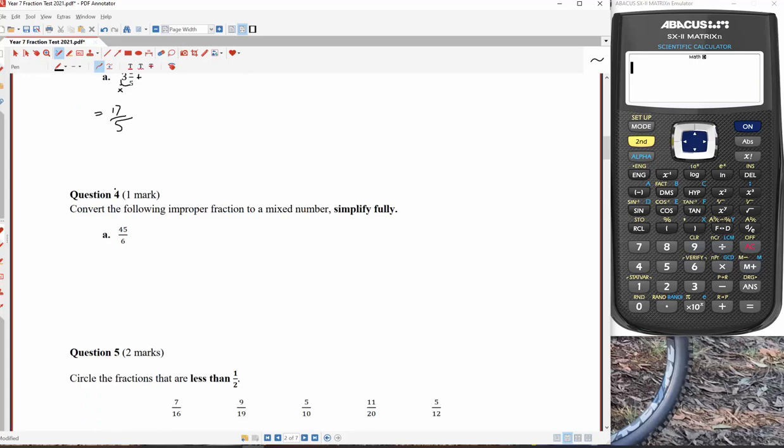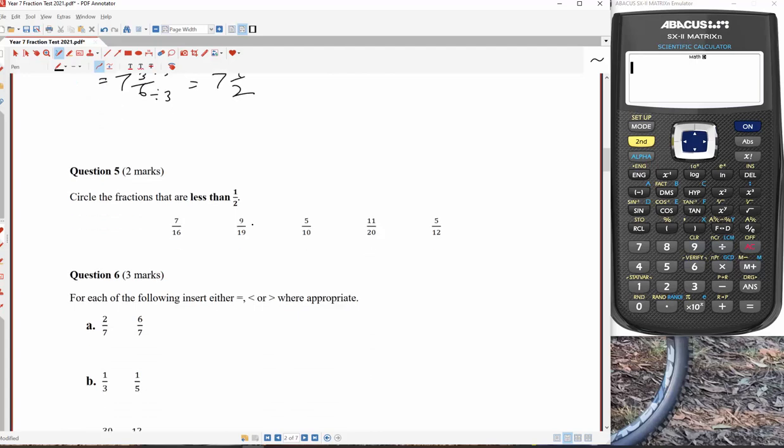This one here is the reverse, so 45 on 6 means how many times does 6 go into 45? So 6 sevens are 42. From 42 to 45 there's 3 more, and our denominator, or the number of parts in the fraction, is still 6 parts. Now 7 and 3/6 is the same as 7 and a half if I divide through by the highest common factor of 3 and 6, which is 3.